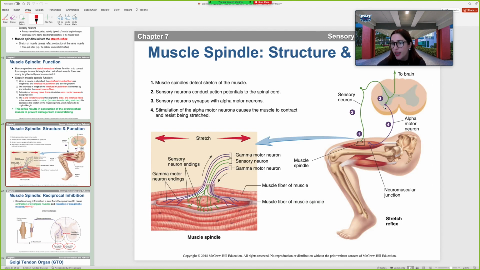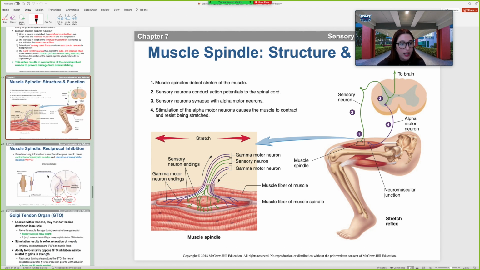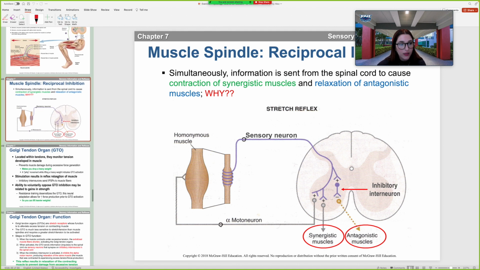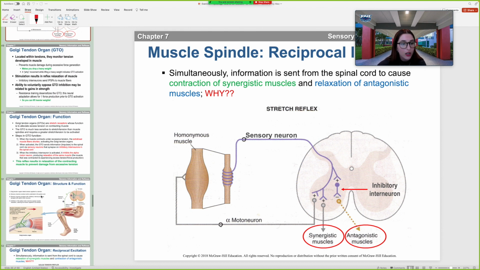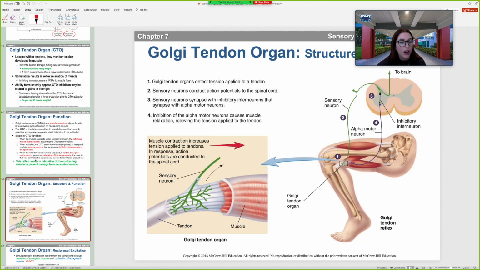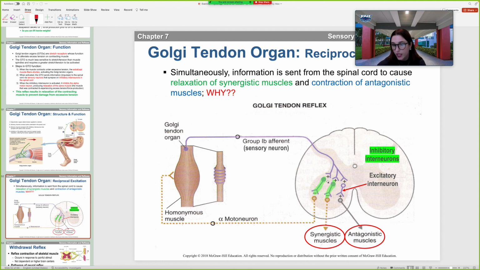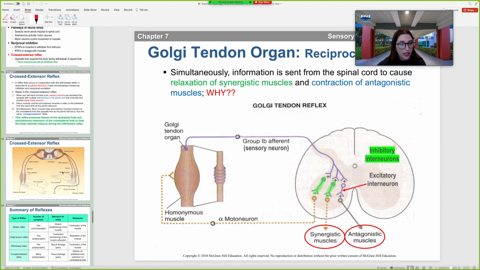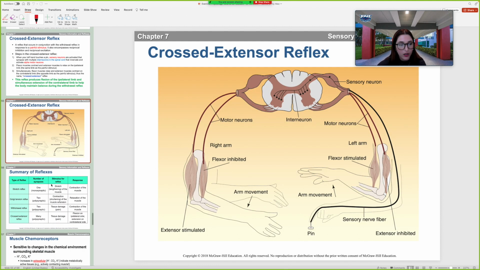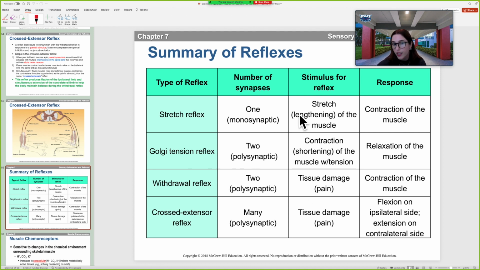There was no interneuron, right? That sensory neuron went and synapsed right on that alpha motor neuron to get that response. But with the other ones, and the reciprocal inhibition part, we have an interneuron. Or the GTO, we have interneurons, right? Here we have interneurons, and so on. Okay, so that's what this means here.